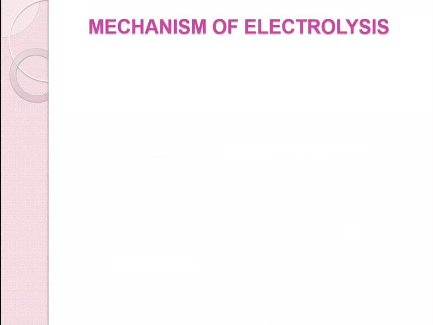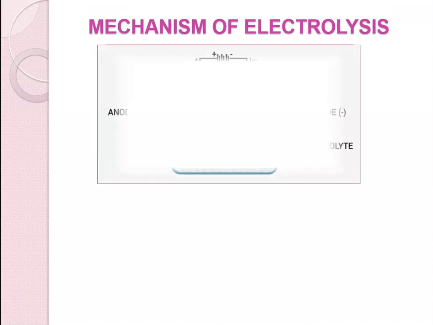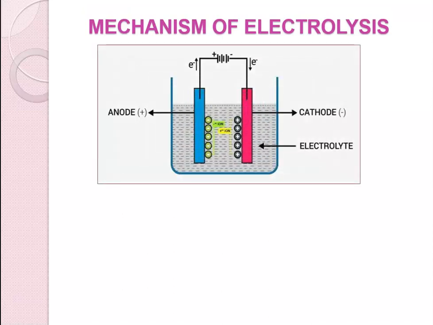Let us see how an electrolytic reaction happens. This is a typical electrolytic cell. It has electrodes. One of the rods is connected to the positive terminal of the battery and therefore it is the anode.